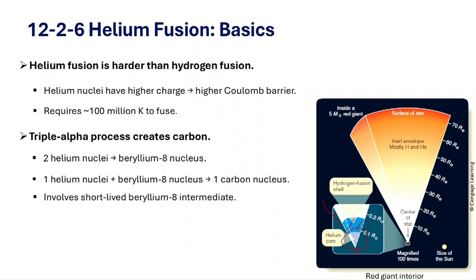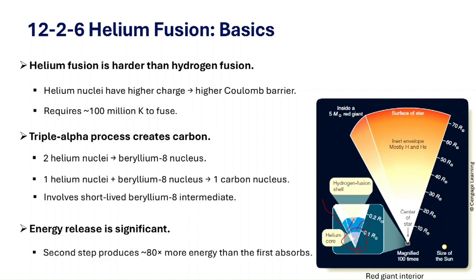Now, the energy released in helium fusion is dramatic. In fact, the second step of the reaction produces roughly 80 times more energy than the first step absorbs. And this energy powers the star and helps maintain the balance between the core's contraction and the expansion of the outer layers.